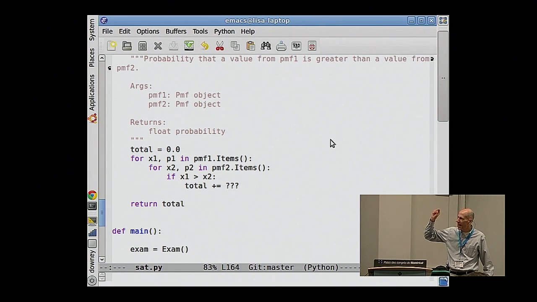So if x1 is greater than x2, then that's one of the examples that I want to count. And now I want my total to add up all of the probabilities for the successful cases. So if the chance of getting x1 is p1 and the chance of getting x2 is p2, what's the chance of getting this particular pair? P1 times P2.